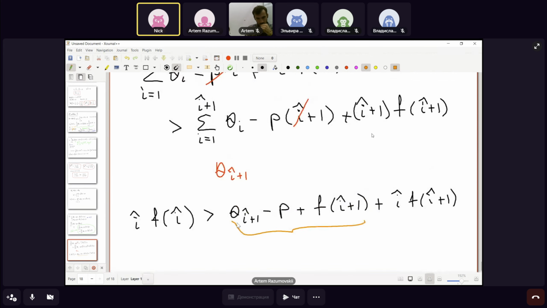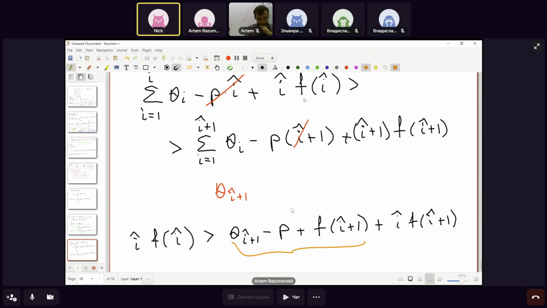Shouldn't it be just, because they take it from the second row, and from the first row it should be 1. Yes, this one, yes, it's on the left side. Ah, yeah, sorry.